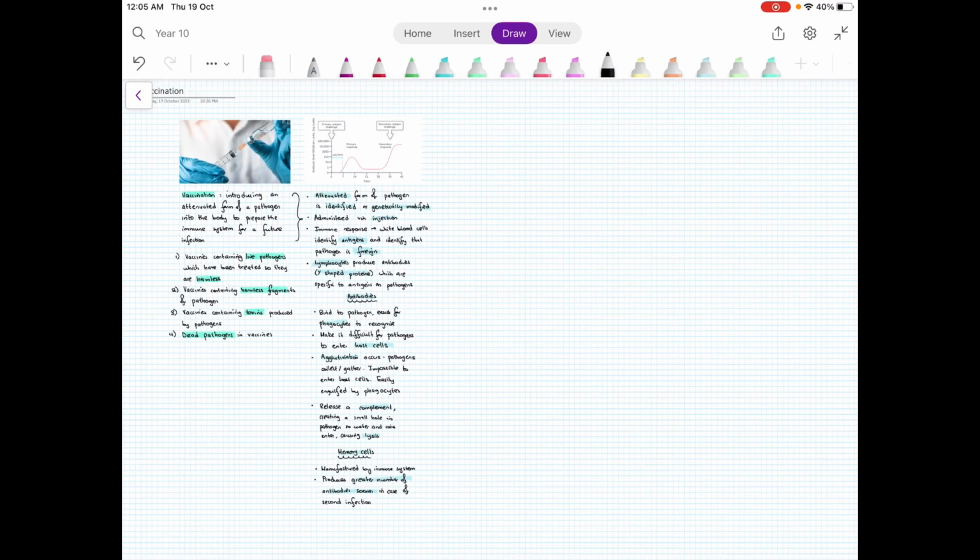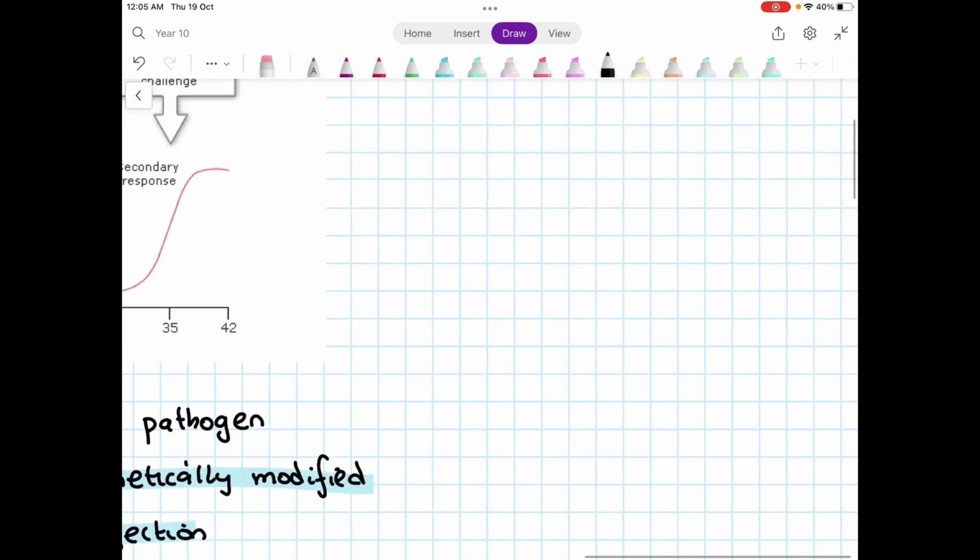Okay, so we have covered vaccination. Now we can also take a quick look at the different types of immunity.